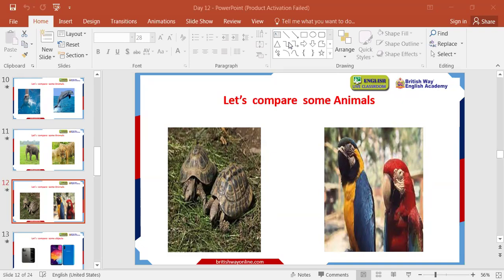Tortoises live longer than macaws. Macaws are more colorful than tortoises. Tortoises are stronger than.